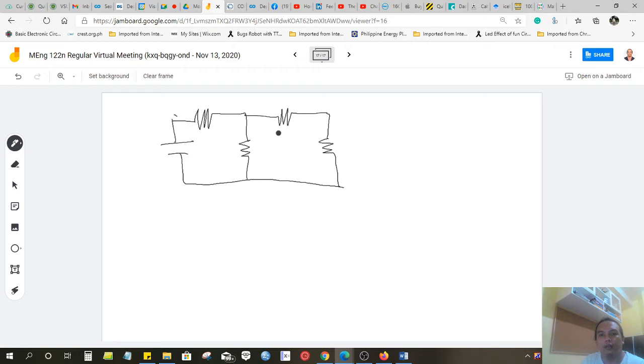Instead of having the battery on this side, we will make it a short circuit. Assume it is not there. So this is 25 volts, 1 ohm, 6 ohm, 8 ohm, 2 ohm, 3 ohm.